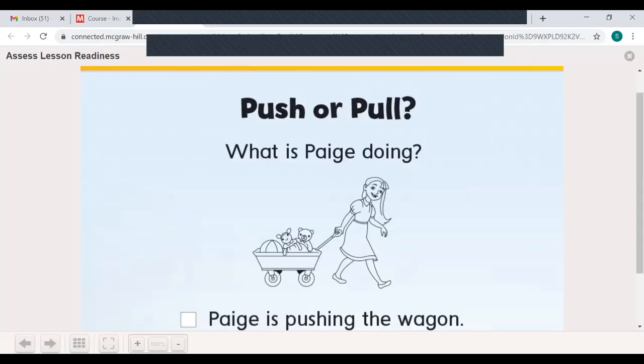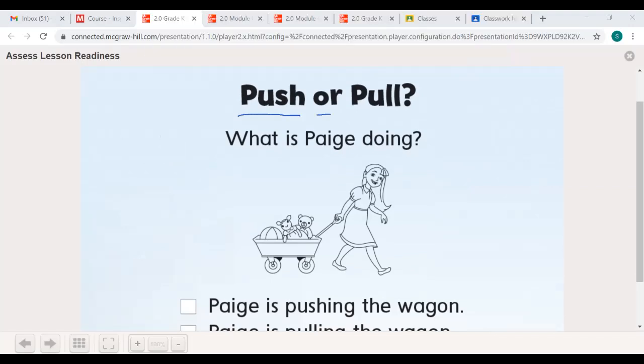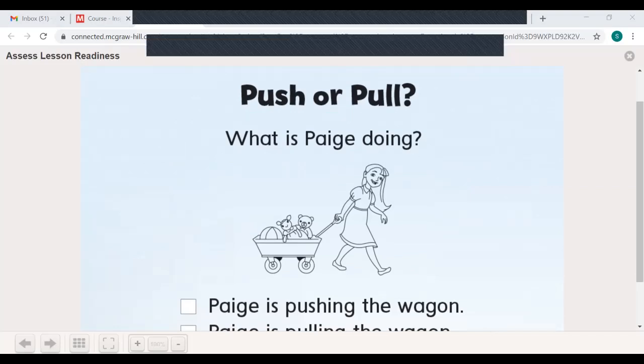Let's turn to page 3 in your workbook. And let's read this together. Push or pull. What is Paige doing? What does it look like Paige is doing? Look at the picture.